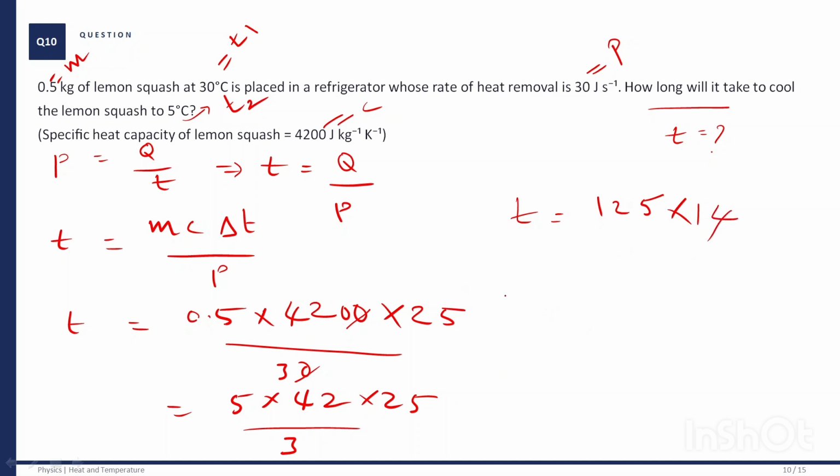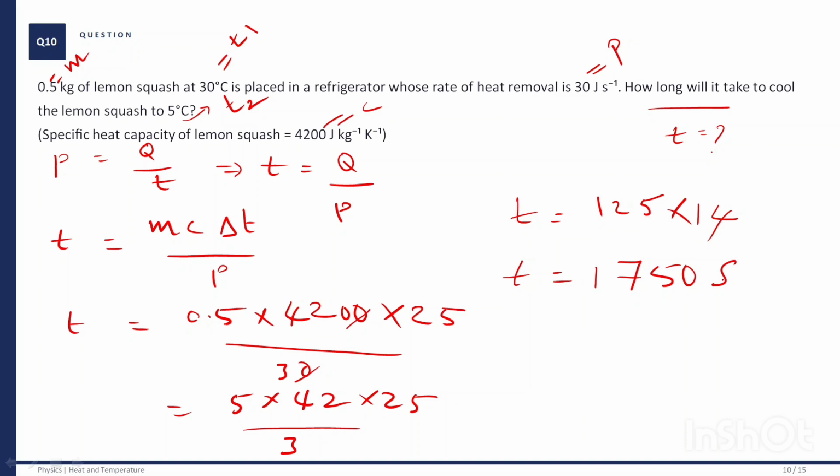Now multiply: time t equal to 125 into 14. Pause the video and try to multiply it. 125 into 14 equal to 1750 seconds.